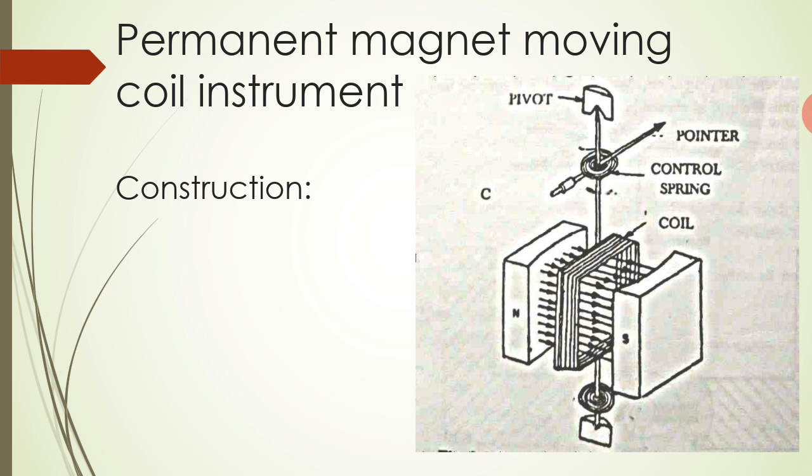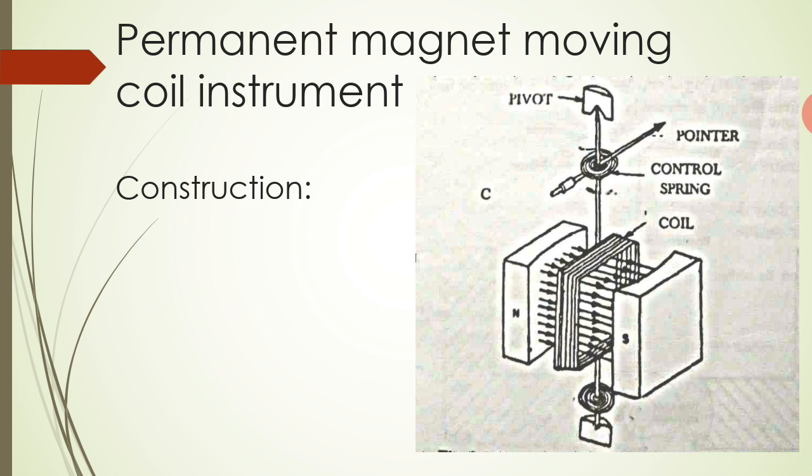The core is a rectangular coil of many turns which is supported by delicate bearings. The pointer is also attached to the core. The aluminum frame supports the coil between the poles and core. Now the working principle of the permanent magnet moving coil.